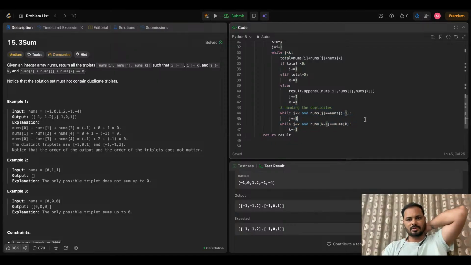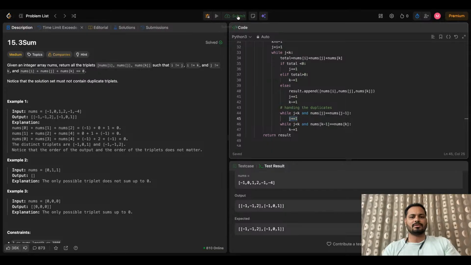In duplicates we have said while j is less than k and nums of j is equal to nums of j minus 1, then it will have this shift in j, if they are equal. Similarly, if k and k minus 1 are equal, then the k will shift. Simple is that if we are getting a previous element equal, then we will just shift the index, right? That is what we will do.